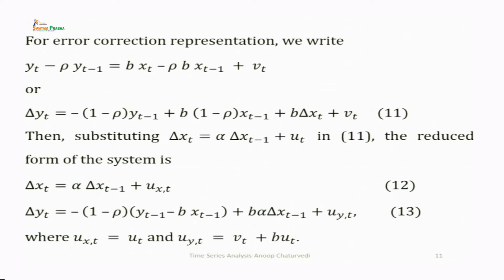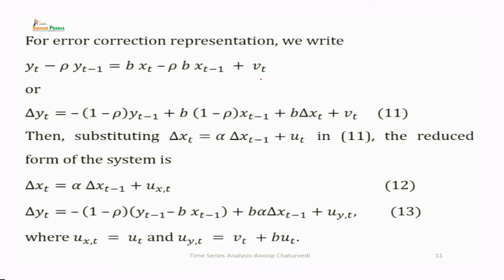Then, for error correction representation, we write y t minus rho y t minus 1 equal to b x t minus rho b x t minus 1 plus v t, because z t minus rho z t minus 1 is equal to v t.